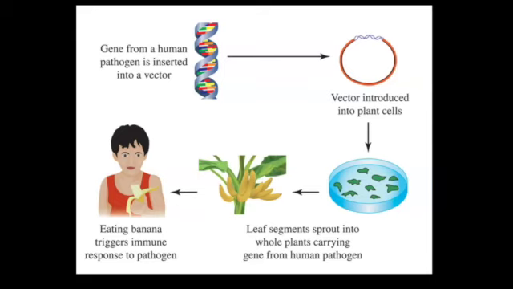These grow and look like normal natural bananas, and they taste like normal natural bananas because they are, for the most part, normal natural bananas. What's different is there's that little bit of pathogen, that one pathogen protein that's expressed in the banana, that doesn't have any flavor and doesn't change the taste of the banana to the person eating it. But that person now gets a little bit of exposure to the pathogen, which allows the immune response to kick in and develop antibodies against that pathogen.